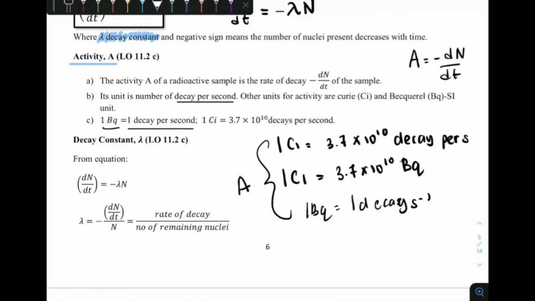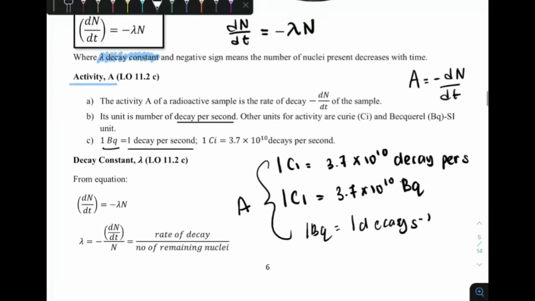Okay, untuk activity you can use all this equation, iaitu decay per second boleh, becquerel boleh, curie boleh, however becquerel is the SI unit dekat sini untuk activity. So begitu juga sebab activity sama dengan dN over dt, dN over dt adalah rate of decay, so kita boleh guna unit untuk dN over dt adalah decay per second.